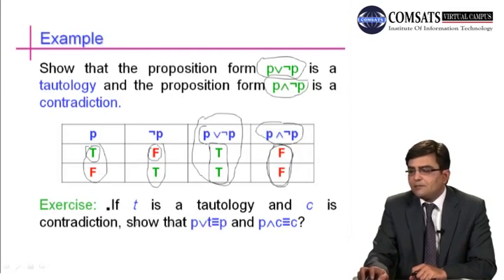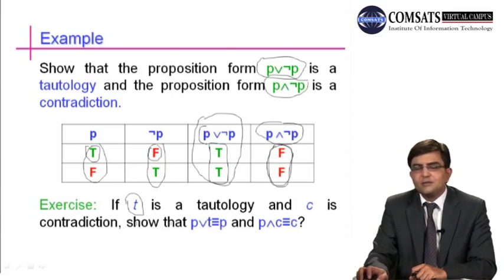Now, if T is a tautology and C is a contradiction, then we can easily show that P disjunction T is equivalent to P, and P conjunction C is equivalent to C. Here T is a tautology means this proposition T will have all true values in its truth table, and contradiction C will have all false values in its truth table.